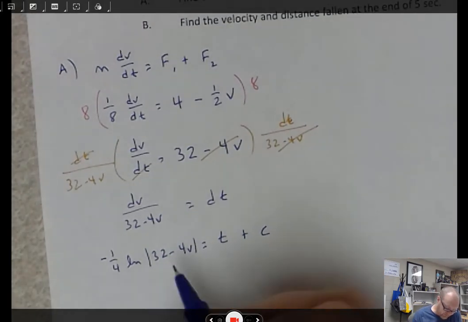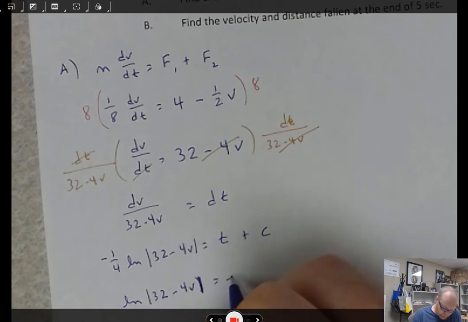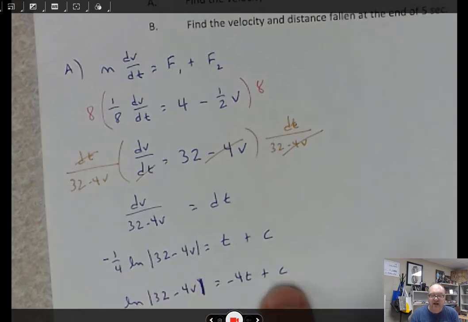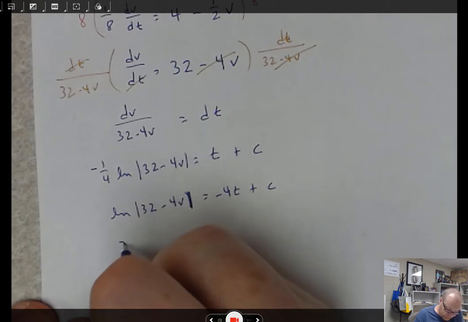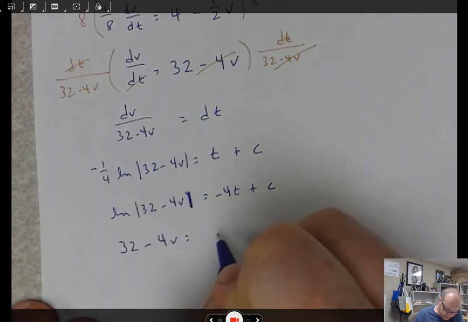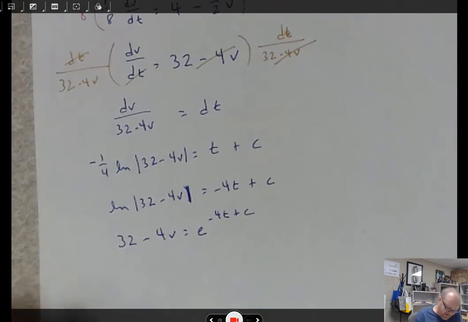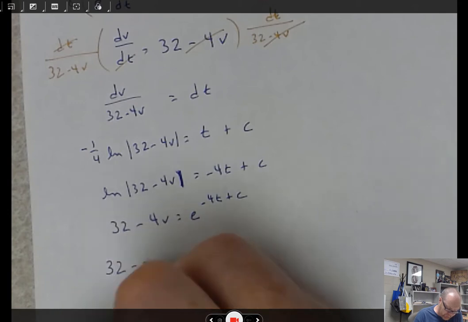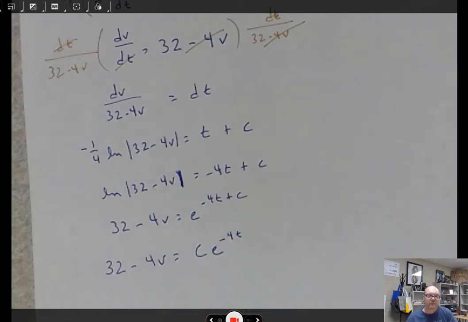So it looks like I can multiply through by negative 4. Negative 4 times a constant is still a constant. We've talked about that numerous times. I can exponentiate. And we've played that same game lots and lots of times. You can go back and look at previous work to simplify that.